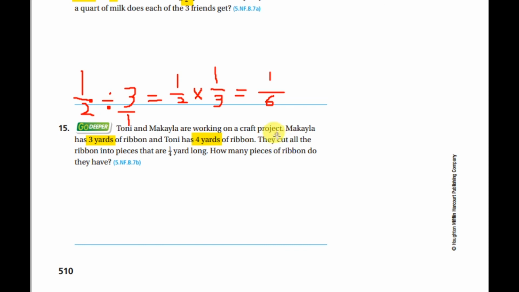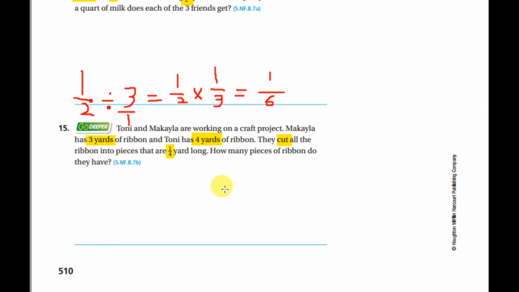The cut means here divide. Share and cut, they give the same meaning. All the ribbon into pieces, each piece is 1/4 yard long. So this means I will divide it into 4. But divide what number? How many pieces of ribbon do they have? So they have all together.